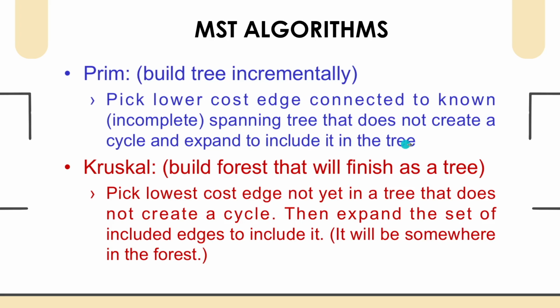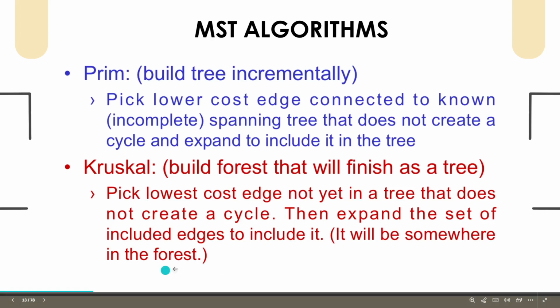In case of Kruskal, first we will be building a forest and finally that forest will yield us a tree. So, we will be picking the lowest cost edge that is not yet in a tree and that does not yield a cycle, and first and foremost we will be sorting all the edges in that graph according to their weights, and picking up the edges that have the least weight one after the other in such a way that upon including them in the tree it does not end up with a cycle.